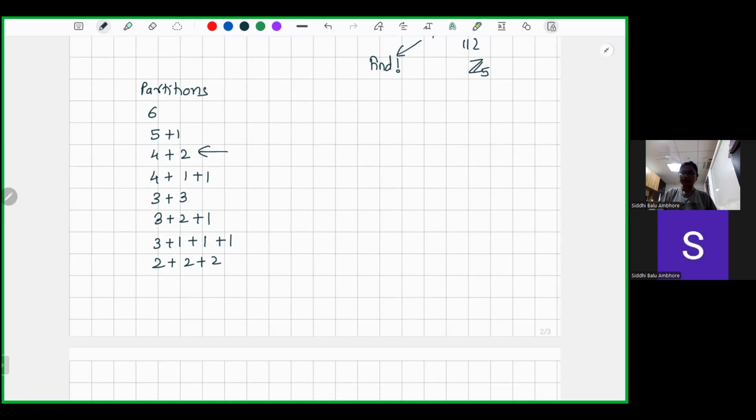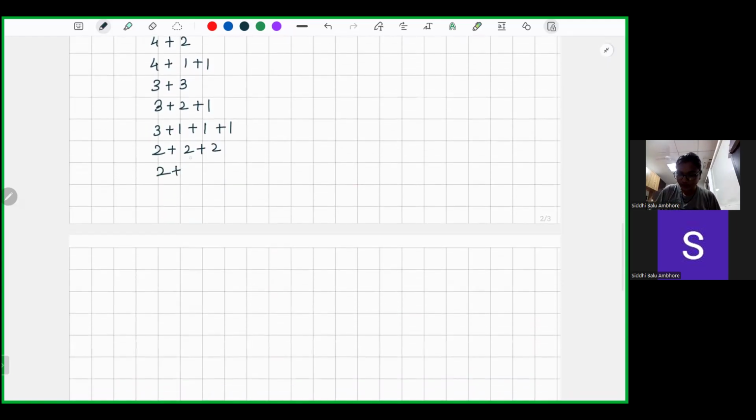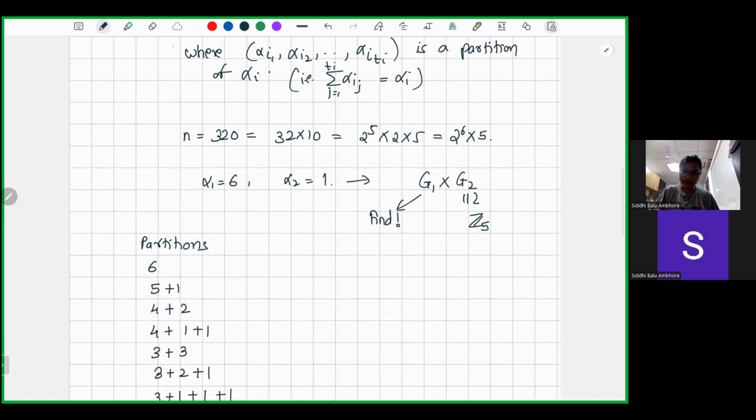So after 5, I write 1, after 4, then 2, and I am not going to anything greater than the previous number. That we need to take care of. Then 2 plus 2 plus 1 plus 1, then 2 plus 1 plus 1 plus 1 plus 1.